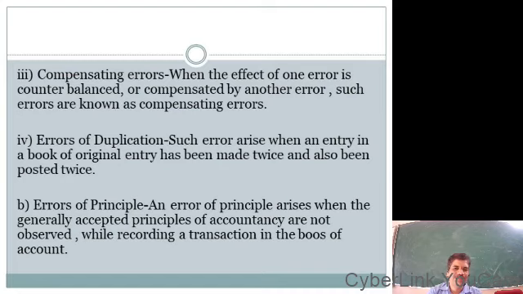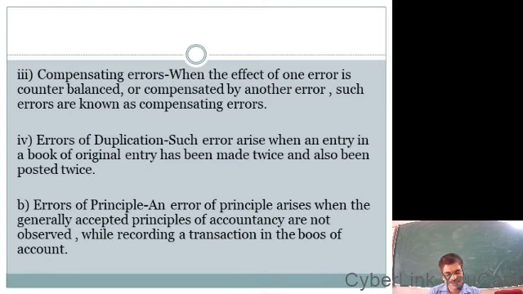An error of principle arises when the generally accepted principles of accountancy are not observed or not followed while recording a transaction in the books of account. Here, this error arises when the generally accepted principles of accountancy are not observed.